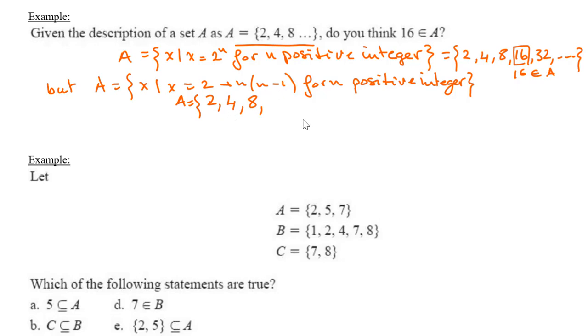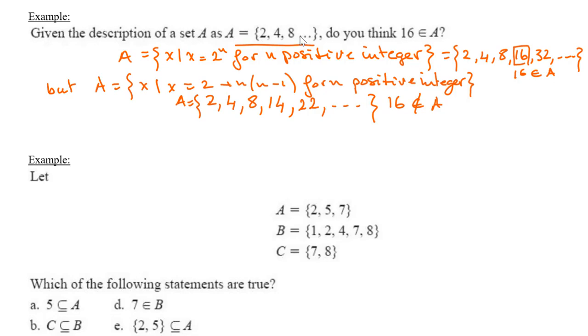But what's the next term? When n is 4, 4 minus 1 is 3. 3 times 4 is 12, and 12 plus 2 is 14, not 16. Now if n is 5, you get 5 minus 1, that will give me 4. 4 times 5 is 20, and 20 plus 2 is 22. So in this case, I keep going, but 16 is not an element of A. So based on this description, this description is not enough to know exactly what the set is about.